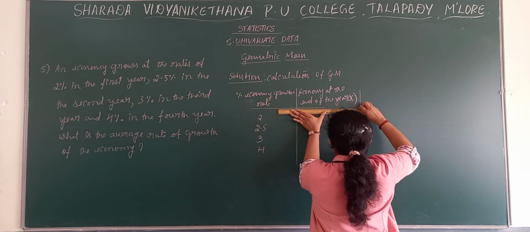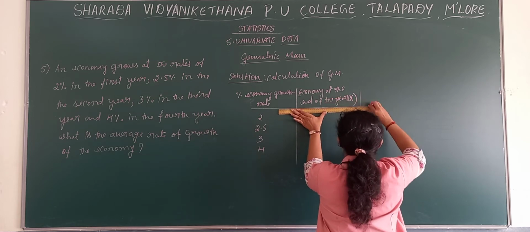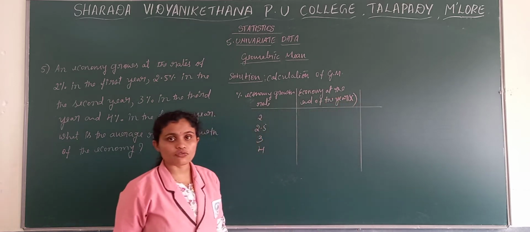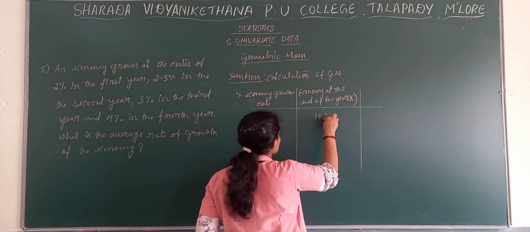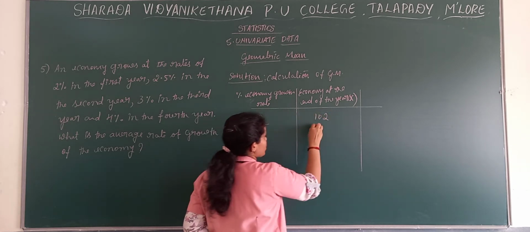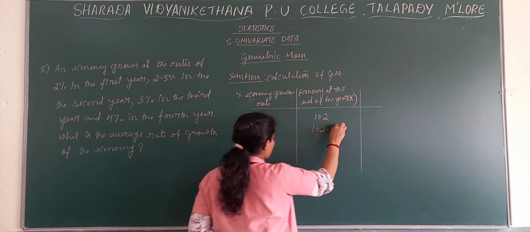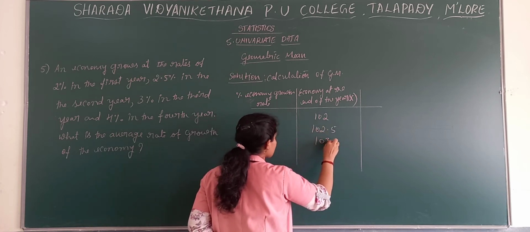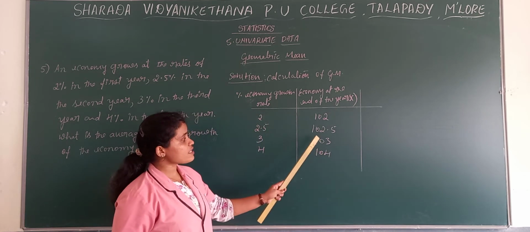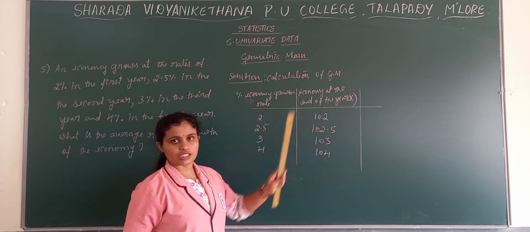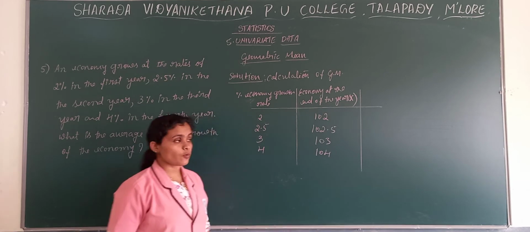Then, here we have written economy at the end that we have taken in the form of X. Now, 100 plus 2, that is 102. 100 plus 2.5, that is 102.5. 100 plus 3, that is 103. Then 104. Now, this we have considered as X value.